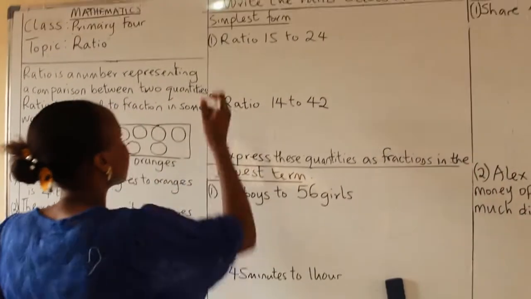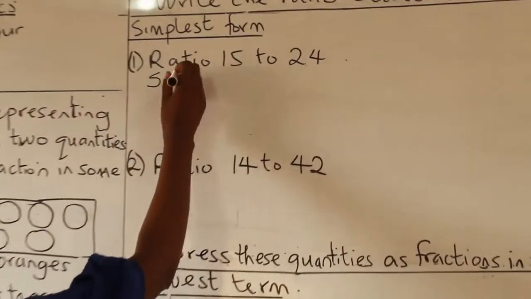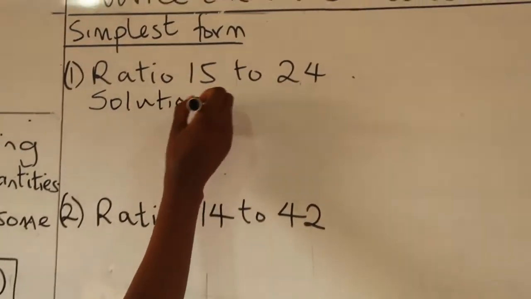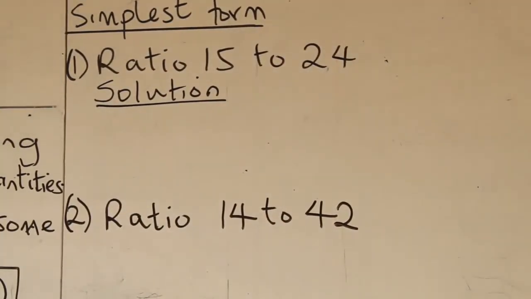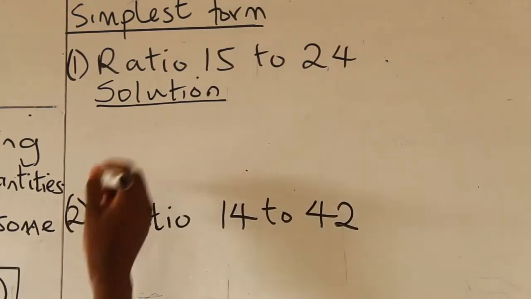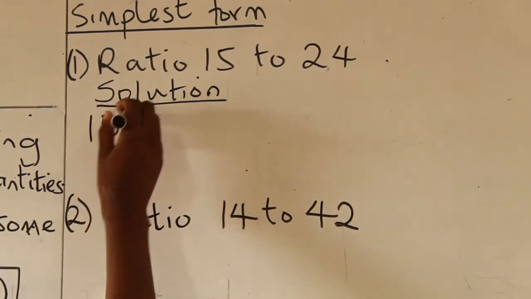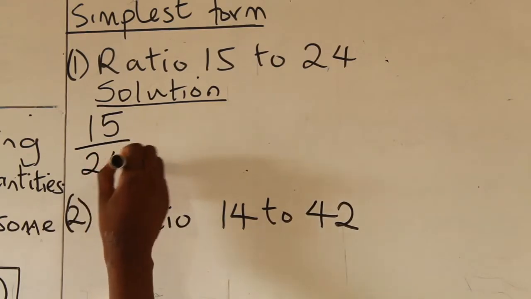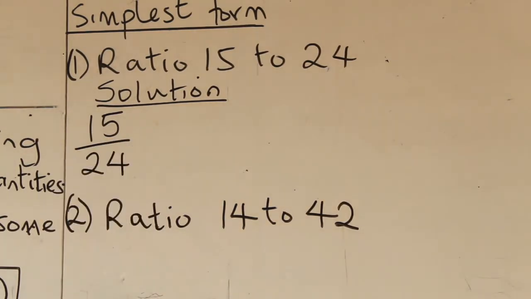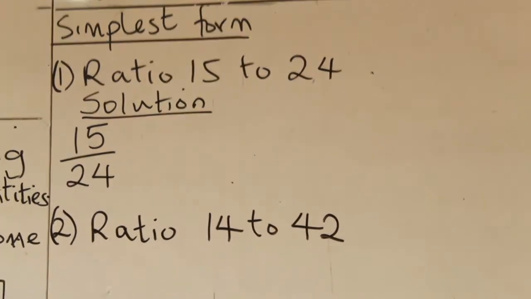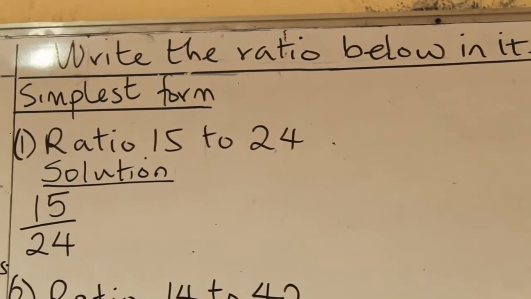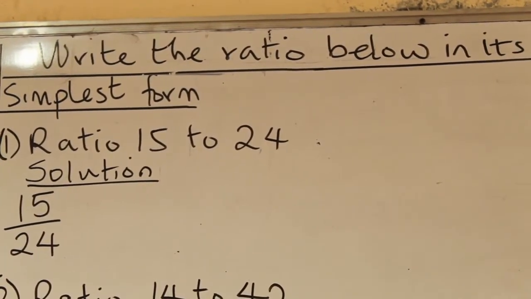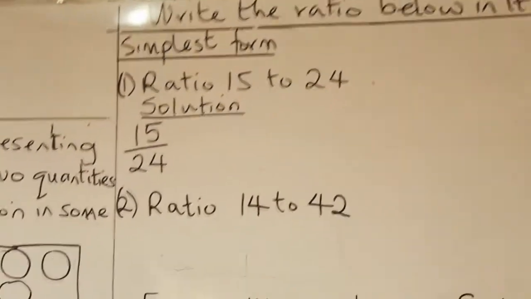All right. So, writing our ratio as a fraction, we'll write down 15/24. And the question says, in its simplest form. In its simplest form means we should reduce the fraction to its lowest term.